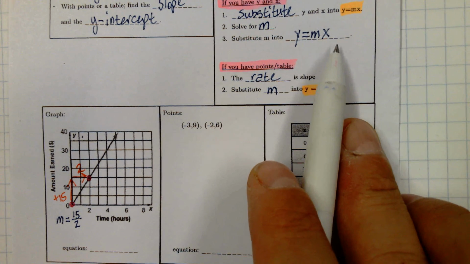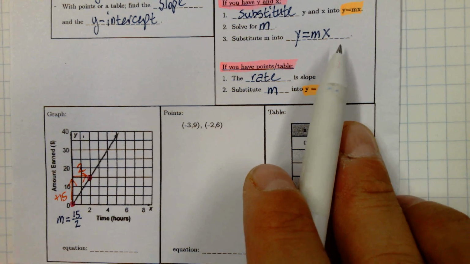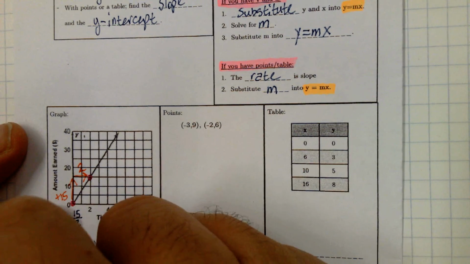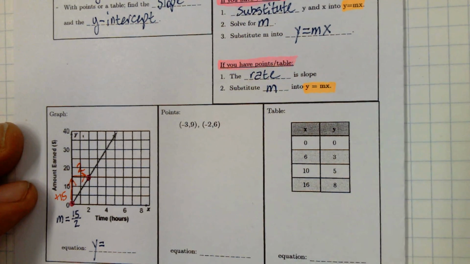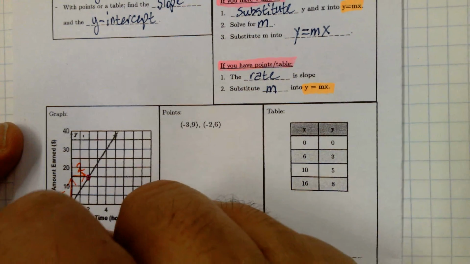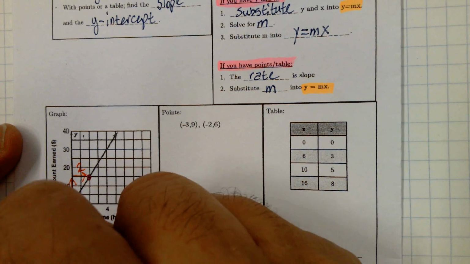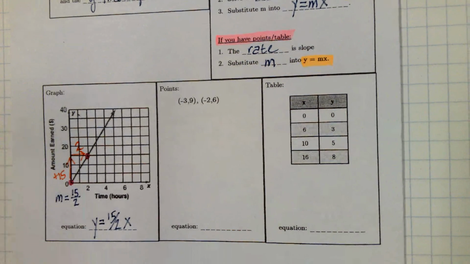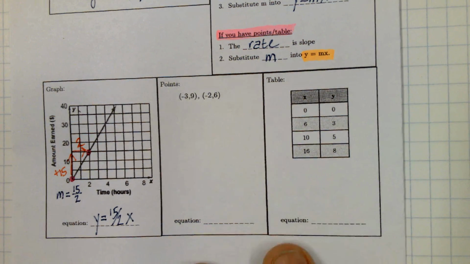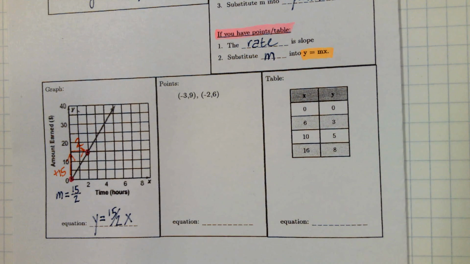Y equals mx. Okay? And we're going to write y equals m, but we know what m is. What's m? X. There you go. Y equals 15 halves times x. That's the direct variation equation.